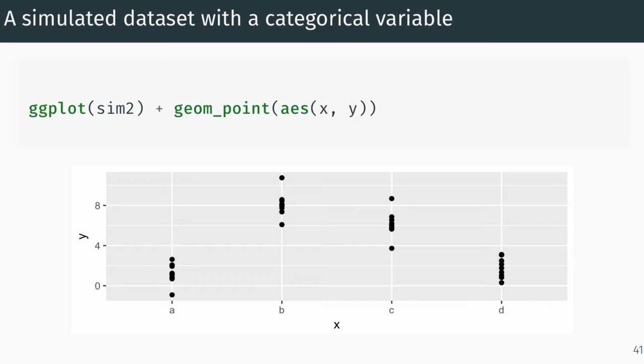So here's a simulated data set. Here's the second of our 5 simulated data sets, Sim2, and this has a response variable and a categorical predictor. The predictor x takes on one of 4 values, and the response is continuous from minus something to 10 or so.